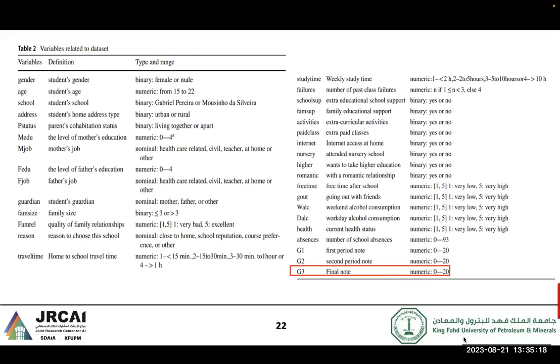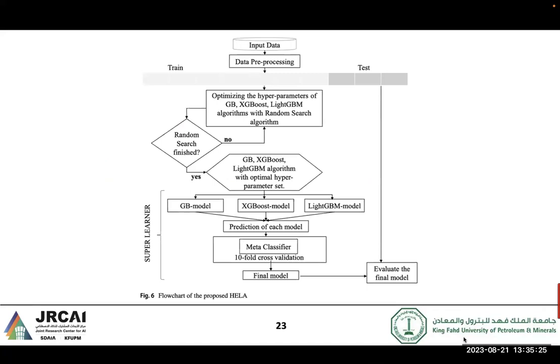Okay, so now we will move on. I will go quickly, but the idea here is that once we have the data, we have to go through the pre-processing steps: cleaning, normalization, and then we need to split the data.